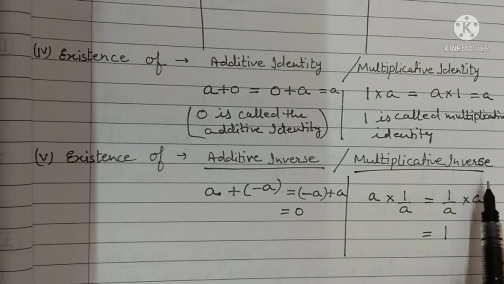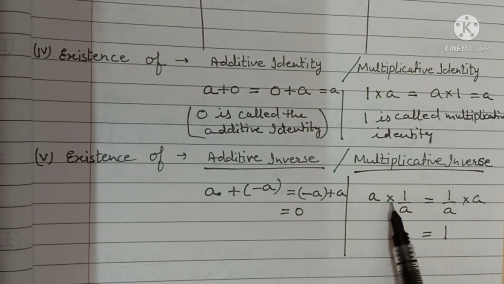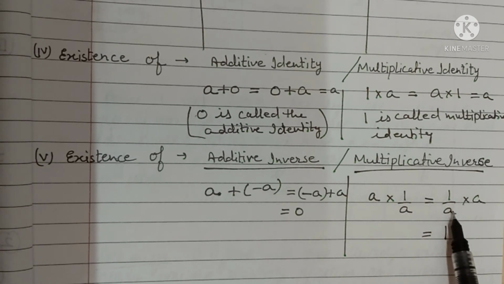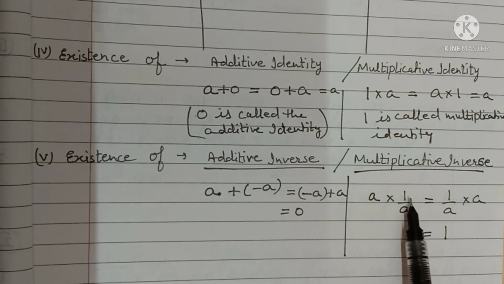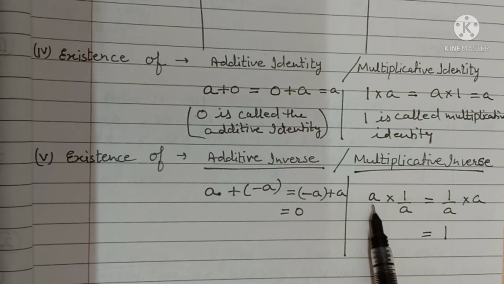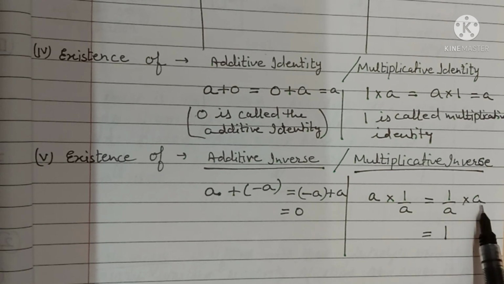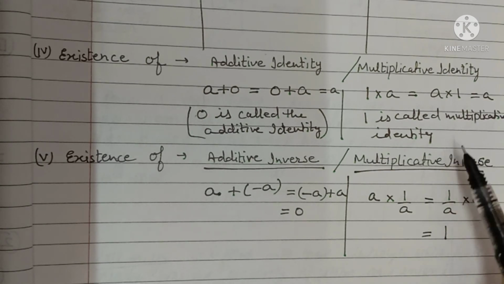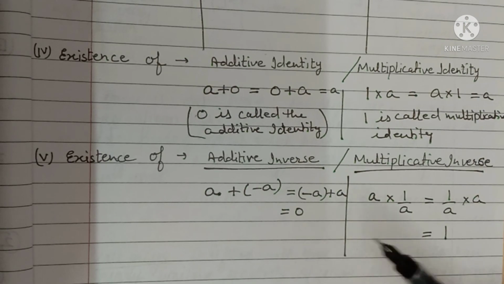And for multiplicative inverse, if a is a real number, then there exists 1 upon a, such that a into 1 upon a is equal to 1 upon a into a. You will get the result 1. So a and 1 upon a are reciprocals of each other, or we can say multiplicative inverses of each other. a is the multiplicative inverse of 1 upon a, and 1 upon a is the multiplicative inverse of a.